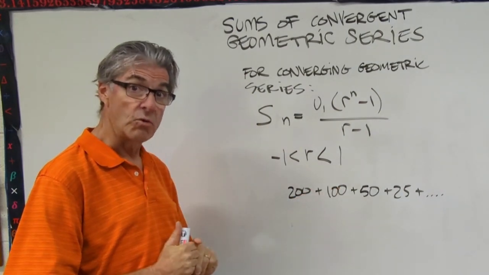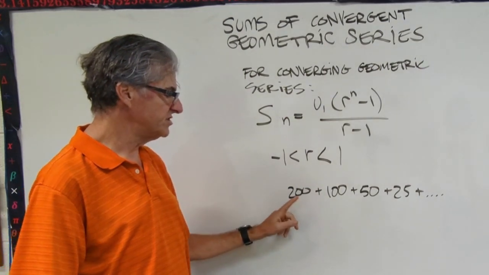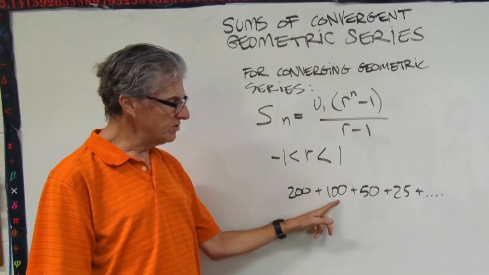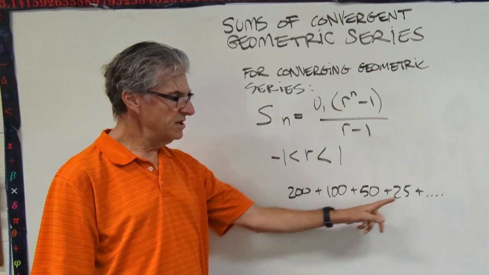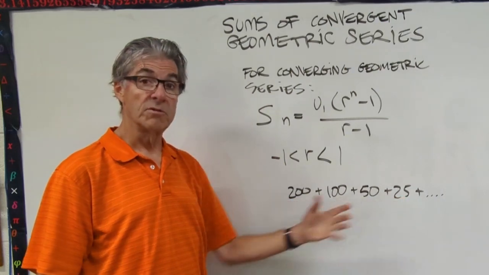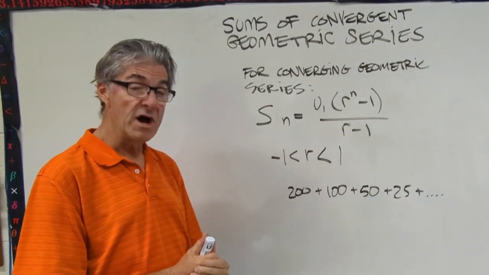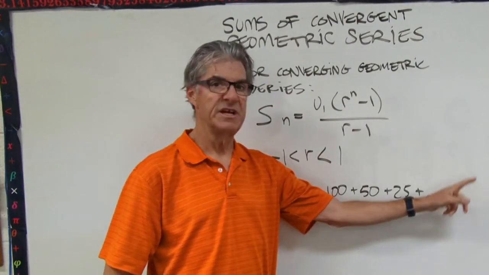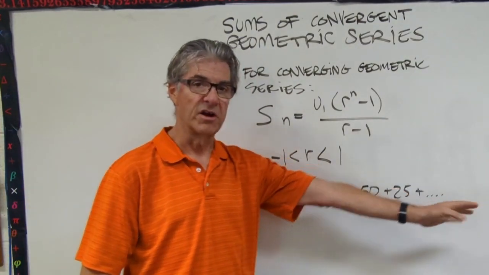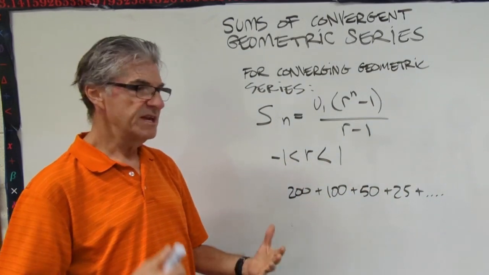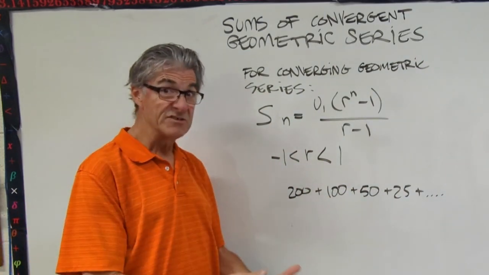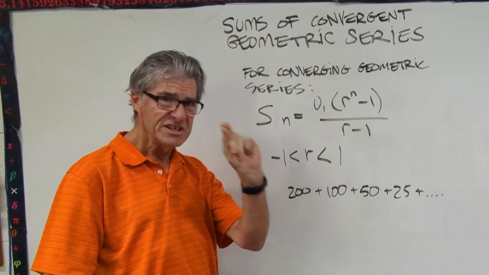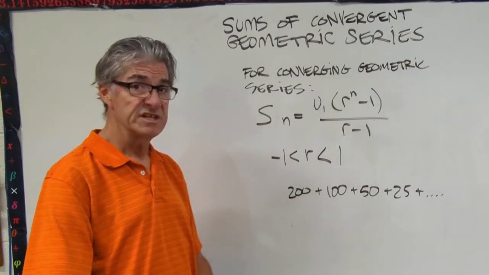Now let's take a look at one of those. Here's a series that starts with 200, goes to 100, goes to 50, goes to 25. So what we're doing here is multiplying by 1/2 each time, so that each successive term is getting smaller and smaller. Now you can imagine that as we get out to the 100th term or the 1000th term, we're adding just a very little bit more to the sum.